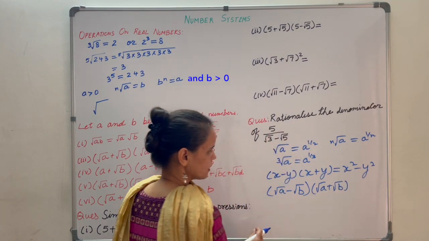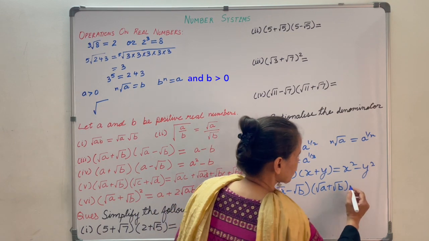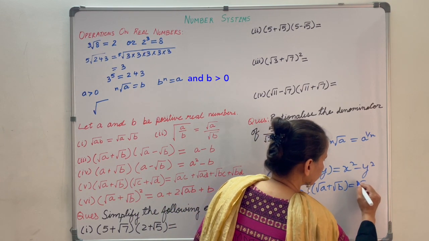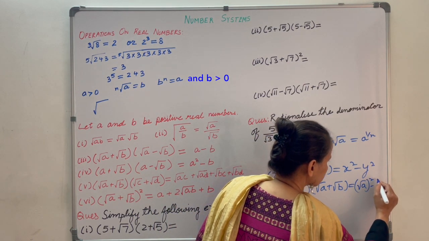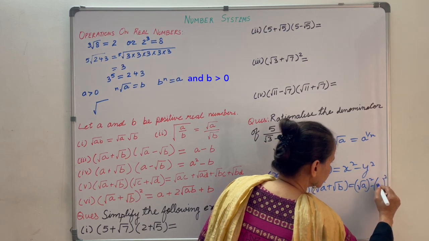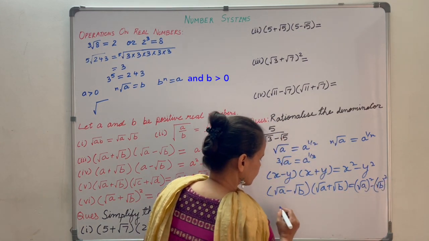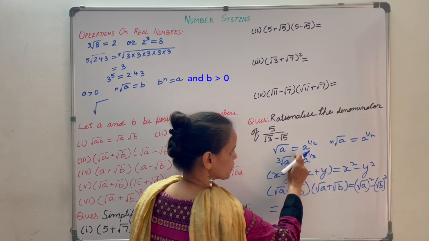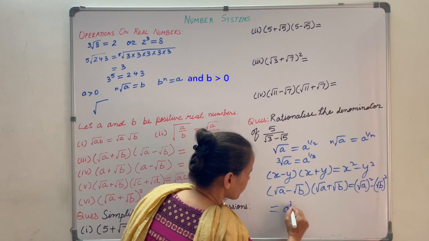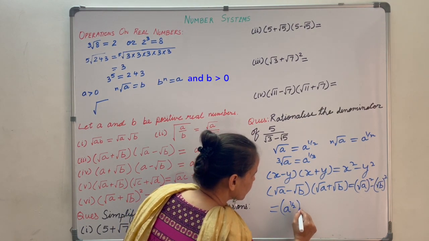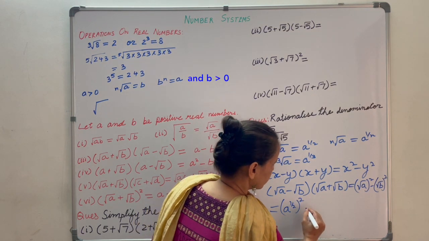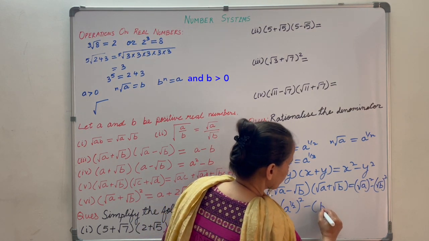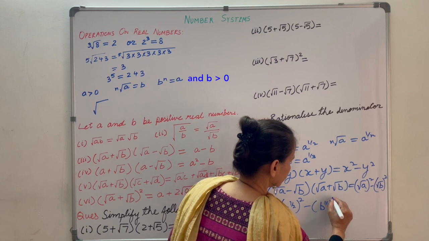Using this identity we have to take the square of square root of a minus the square of square root of b. So I can rewrite this as (a raised power 1 by 2) whole raised power 2 minus (b raised power 1 by 2) whole raised power 2.